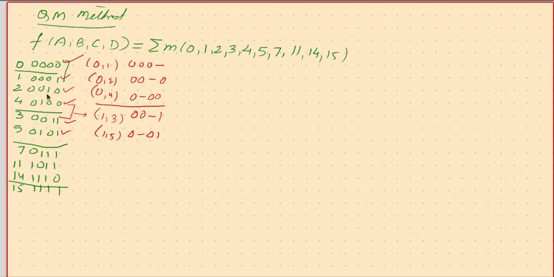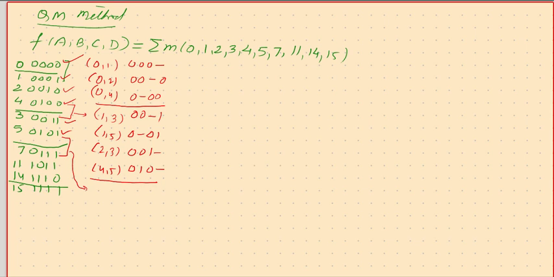Then coming to 2, 2 and 3 is possible, and that is 0 0 1 dash. And 2 and 5 is not possible. 4 and 3 not possible. 4 and 5 possible, and this is 0 1 0 dash. And that's it in this group.